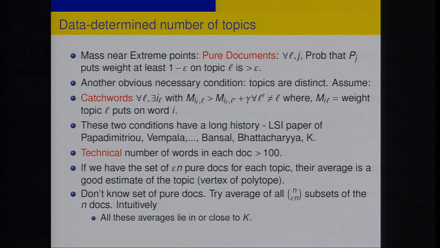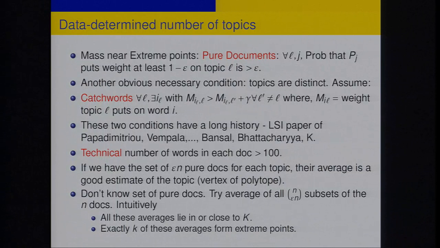Because I'm averaging so many points, the noise cancels, right? They are random points. You can prove that that is true for every subset. Now, what's less clear, but hopefully intuitively clear, is that exactly k of these averages form extreme points, because only the pure documents around the extreme points average to the right thing.